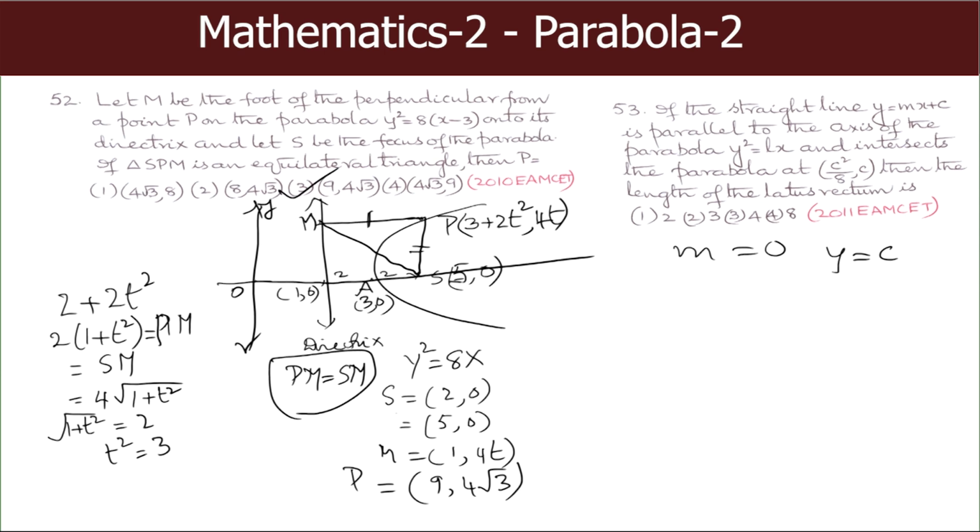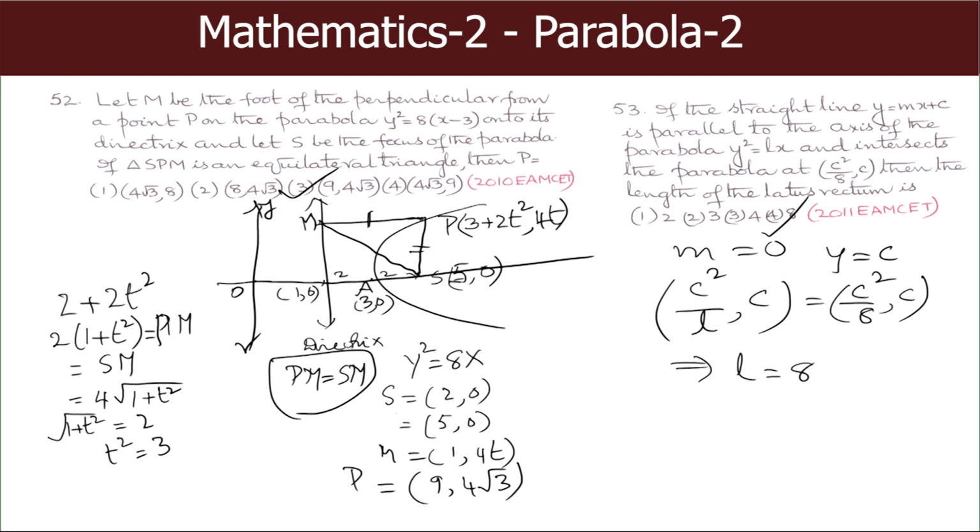This line y equal to c intersects the parabola y² equal to Lx. What is the point of intersection? Y² equal to c² means x is equal to c²/(Lc)... This is the point of intersection of the parabola with the line y equal to c. That is given to be c²/8c. This means L equal to 8. But what is L? L is the latus rectum of the parabola y² equal to Lx. So L equal to 8. So, latus rectum of the parabola is 8.